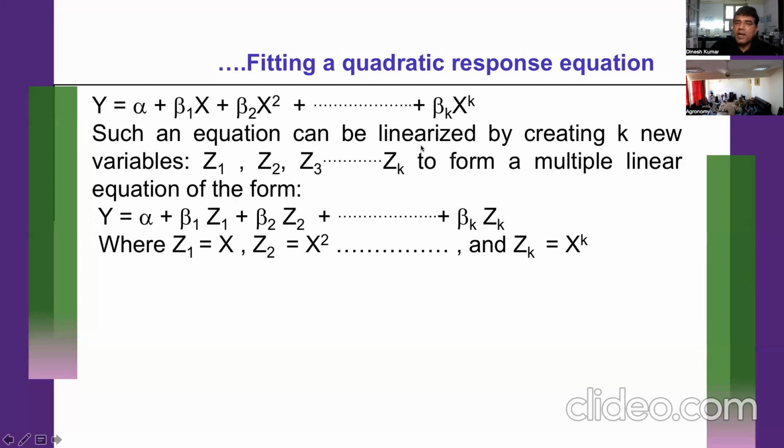Such an equation can be linearized by creating k new variables like Z1, Z2, Z3, Zk to form a multiple linear equation of the form y is equal to alpha plus beta 1 Z1 plus beta 2 Z2 plus up to beta k Zk. Likewise, we can linearize the cubic equation, quartic equation, quintic equation, any power.